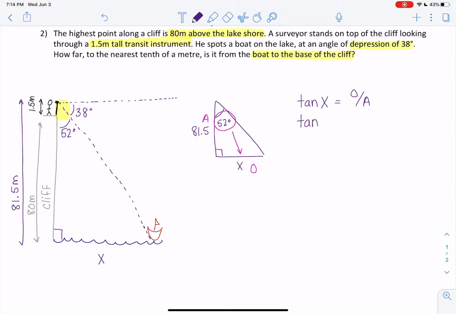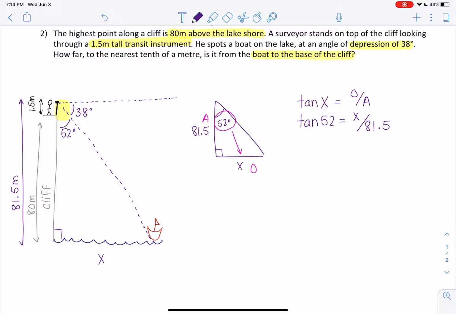The angle we circled was 52, so that goes in for our angle. Our opposite side is the one we're looking for, or x, and the length of our adjacent side is 81.5 meters. So to get x by itself, we need to get rid of this 81.5.